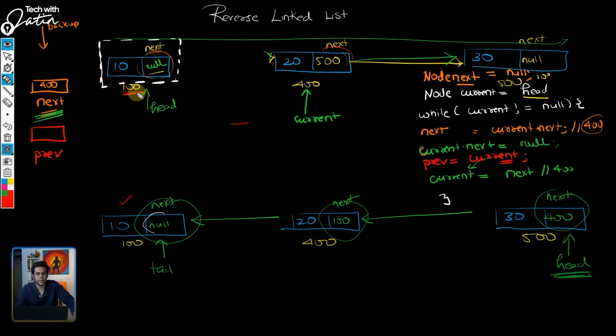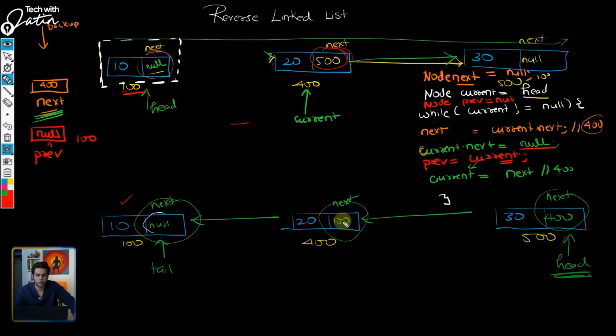We have to put 100 over here, right? Previous is getting the value from current. This is going to get the value 100. But first, I will initialize previous with null also. So I'm going to create another variable. I'll put it over here: node previous equal to null. And over here, we have written current dot next equal to null.